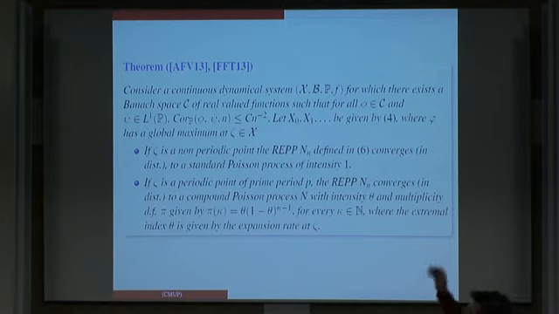And there were lots of results, for even more general systems than what we consider here, proving that the rare events point process should converge to the Poisson. But this was for almost every point in the phase space. Okay, so here we completely close the gap. So either it's a periodic point and you have that, or if it's not periodic, then you're always going to see non-clustering of extreme values, and it always converges.